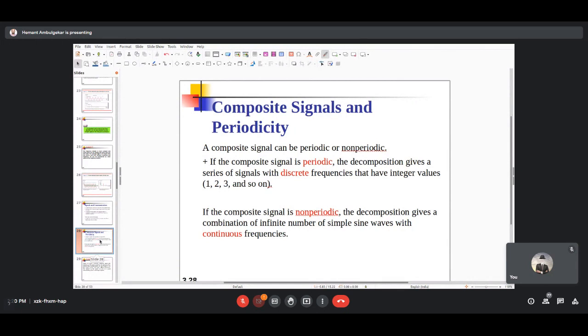And if the signal is non-periodic, then the decomposition gives a combination of an infinite number of simple sine waves with continuous frequencies.